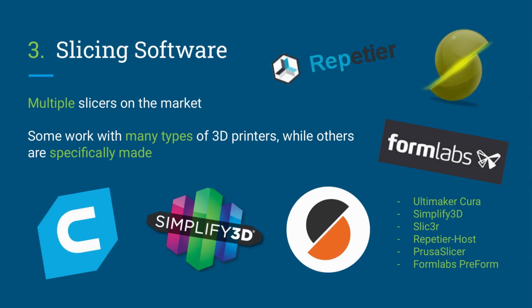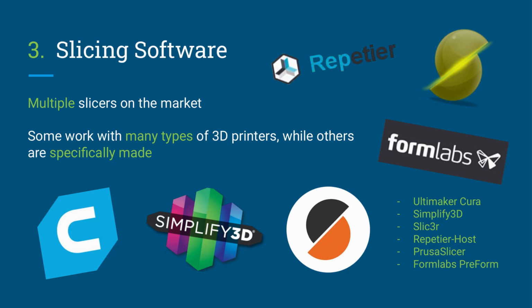So slicing software. This is the software that we're going to use to slice our 3D models. So there are many slicers on the market. As you can see, there's Ultimaker Cura, Simplify 3D, Slicer, Repetier Host, Prusa Slicer, Formlabs Preform, and many, many, many more. Some slicers work with many types of 3D printers, while others are specifically made for certain printers.